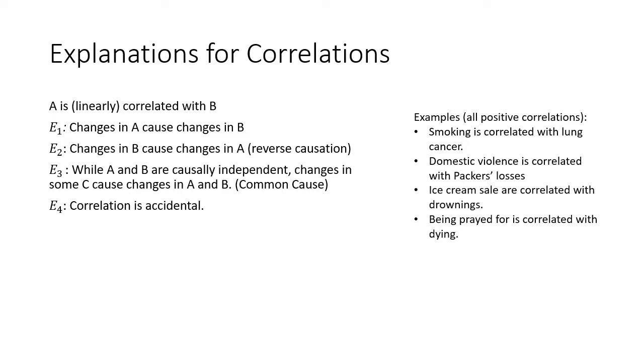It's most likely that there's some sort of third thing that is explaining that correlation, something that is causing A and B to go up or down, independent of each other. So the most likely culprit here would be warm weather.